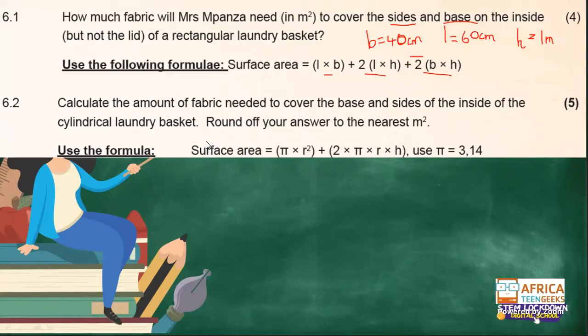Okay, I'm giving you guys about 2 minutes for the rest of 6.1. Guys, remember, mensuration is very, very easy if you know what you're doing. So the more you do, the better you know, the higher your marks.